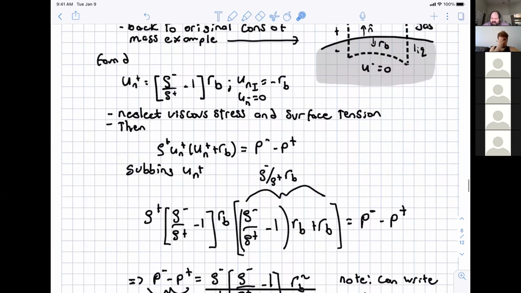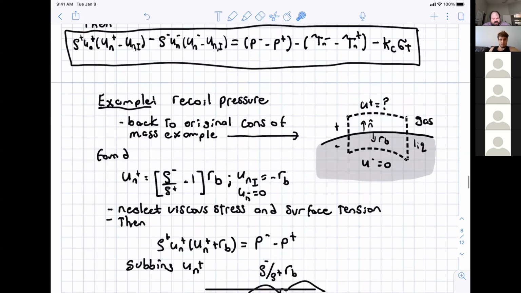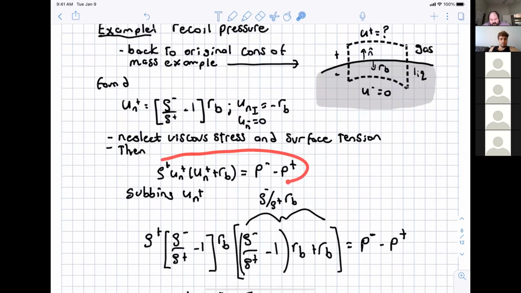If we substitute in UN minus equal to 0, this term goes away. This term goes away because we are neglecting it, and this term goes away because we are also neglecting it. So the change of pressure from the liquid to the gas side will just be equal to this term over here.